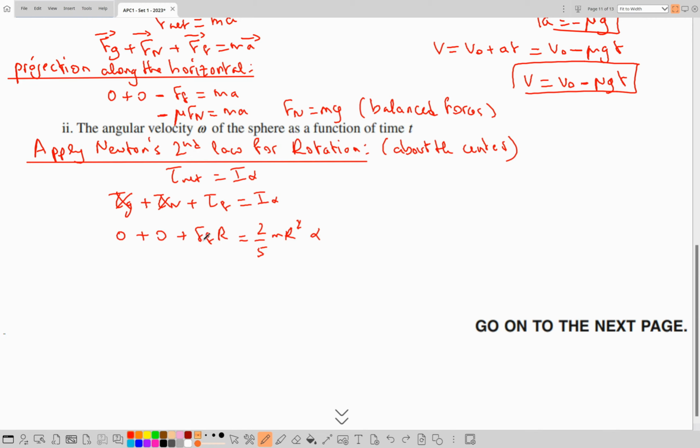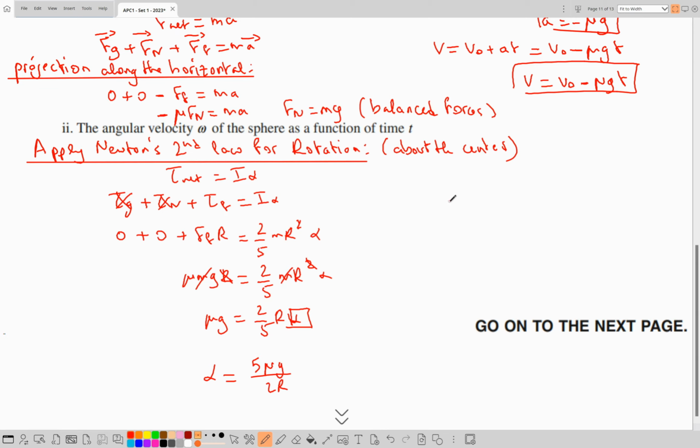Remember also that in this case friction is given by mu mg, the same as the first part, multiplied by r, equals 2 over 5 m r squared alpha. Now m cancels with m, r squared cancels with r, so we're left with mu g equals 2 over 5 r multiplied by alpha. And if we isolate alpha, alpha is given by 5 mu g divided by 2r.